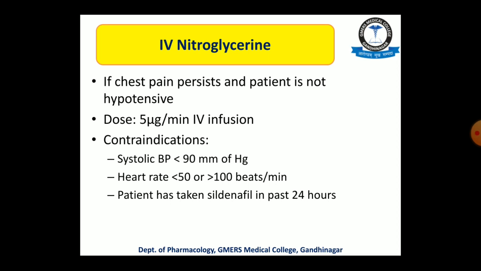If the heart rate is more than 100 and you still give nitrates, there are chances of tachycardia, which will further aggravate the cardiac work and worsen the condition. And the last, but very important: if the patient or the relative tells the history of taking sildenafil in the past 24 hours, then forget about giving intravenous nitroglycerin.